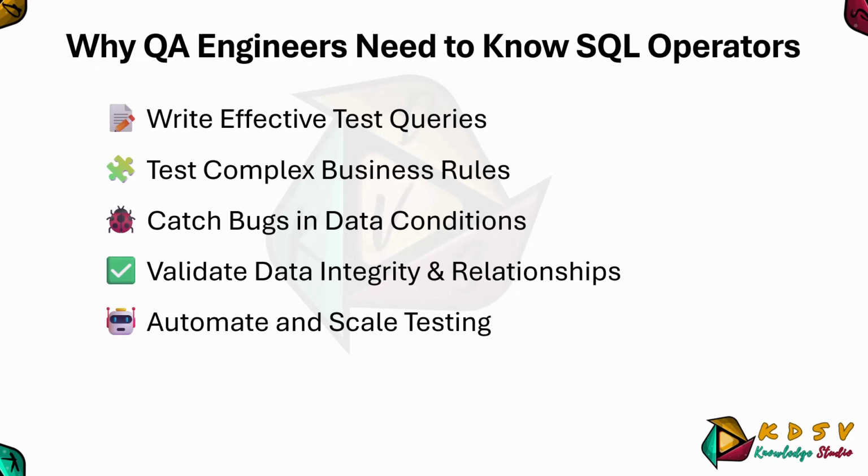Understanding the types like integer, varchar, and date and time, along with operators like less than, greater than, less than or equal to, greater than or equal to, or LIKE, helps ensure data accuracy, functional correctness, and faster debugging, ultimately leading to higher quality of the product.